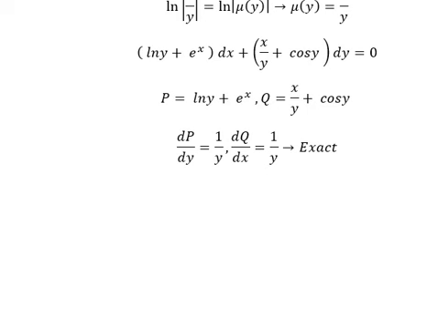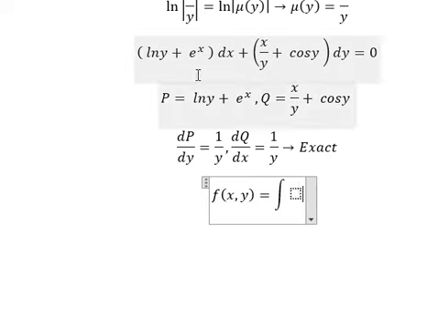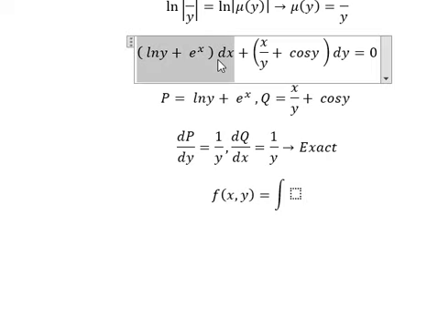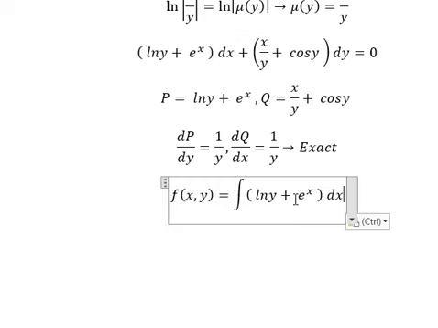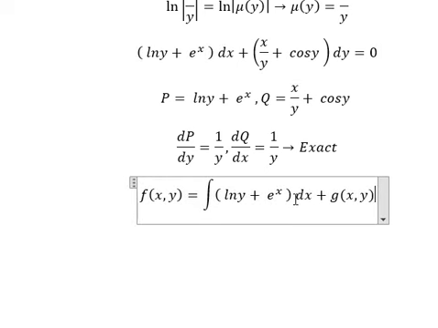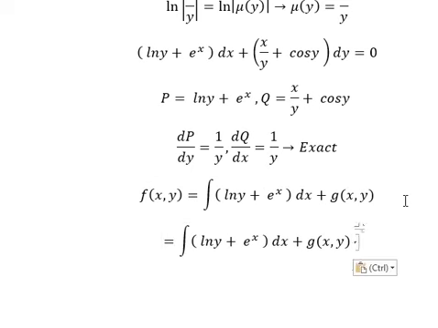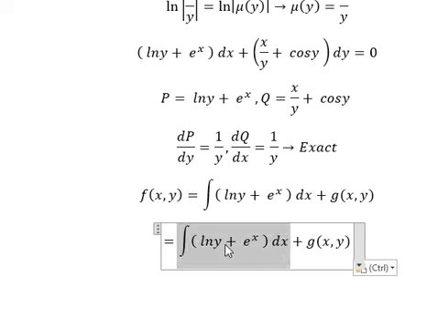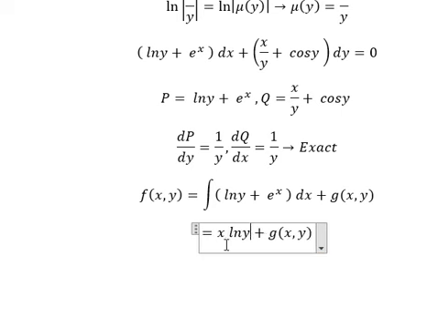Now we need to set up the function f of x, y equals to the integration. So I will select this one, and we put g of y, the integration of f and y with the x, so that is x f and y.